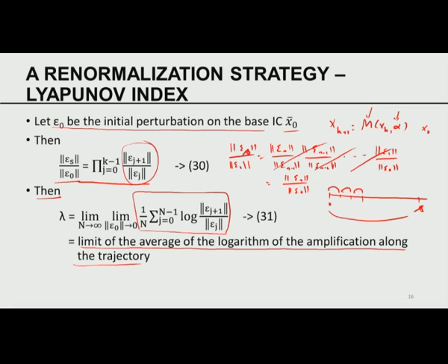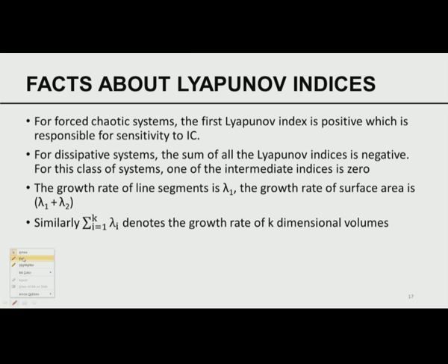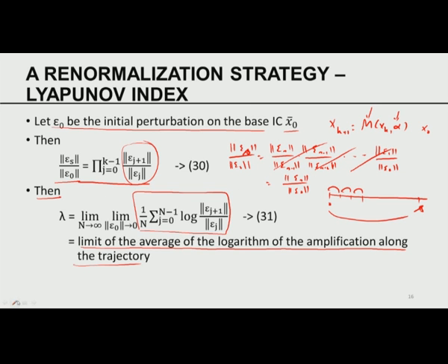So how do we do that? Here is an algorithm now. Let epsilon naught be the initial error. Then run the model one step interval at a time, compute the error epsilon 1, and compute the ratio, the norm of epsilon 1 by the norm of epsilon 0.